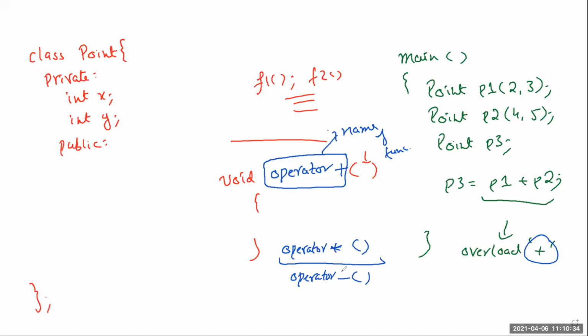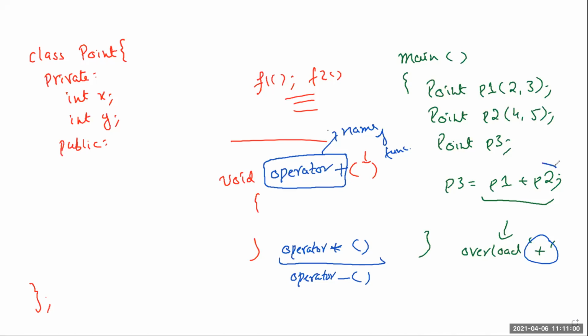So in summary, when we want to overload an operator, we make a function. Presently, we are making that function inside the class. When we are choosing the name of the function, here we don't have a choice. The name of the function is the keyword operator followed by the symbol of the operator we want to overload, right? And now what will happen?